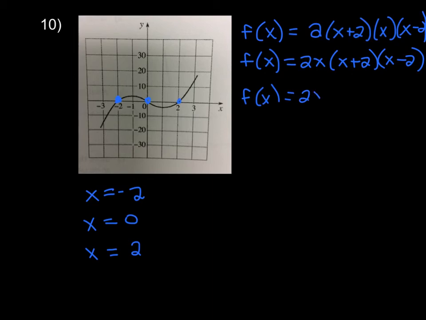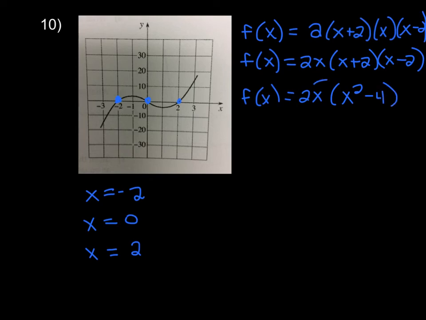Now, some of you may be looking at that and saying, oh, look, this is a difference of squares, right? Wouldn't x squared minus 4 factor to x plus 2 and x minus 2? So if you were to multiply this out, you would get x squared minus 4. If you want to show the work, you would have x squared, and then a minus 2x and a plus 2x would cancel out with each other. And then positive 2 times negative 2 is negative 4. So this is going to leave us with x squared minus 4.